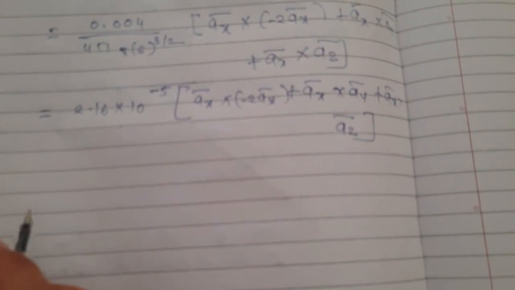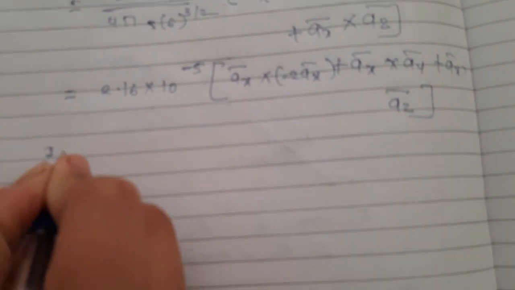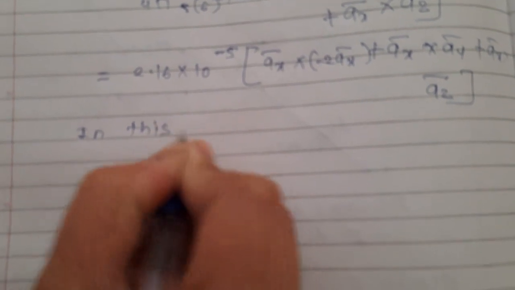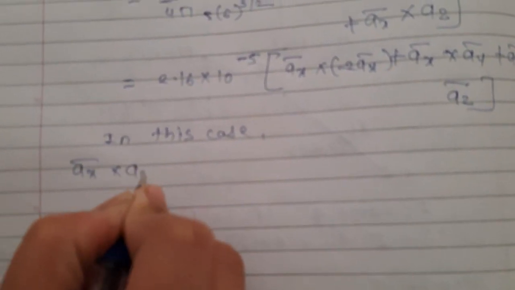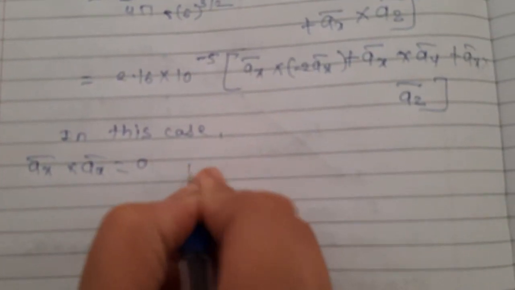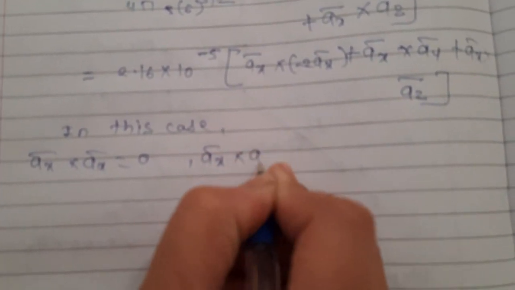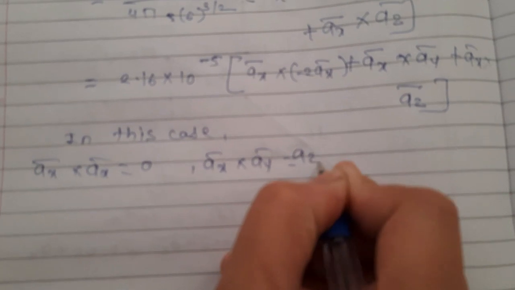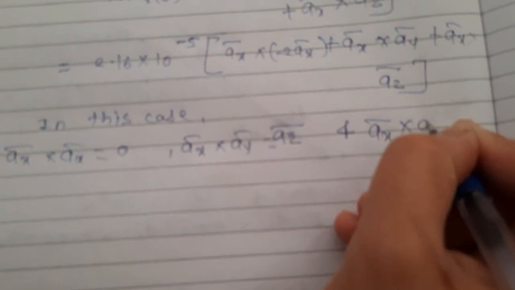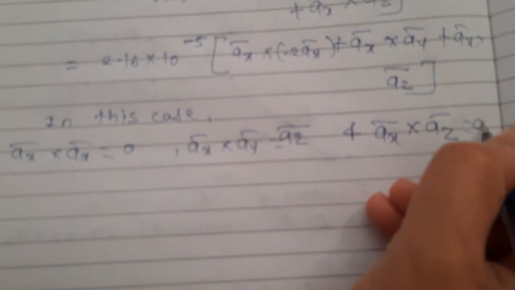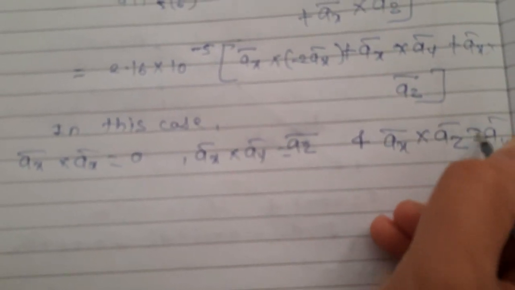So in this case, AX bar cross AX bar is 0, AX bar cross AY bar is AZ bar, and AX bar cross AZ bar is equal to minus AY bar.